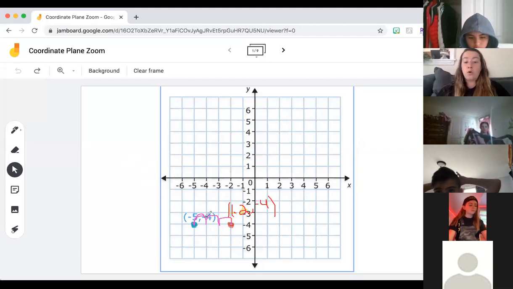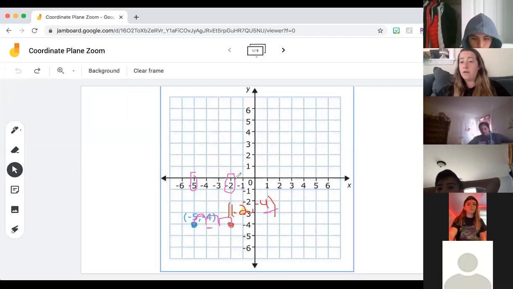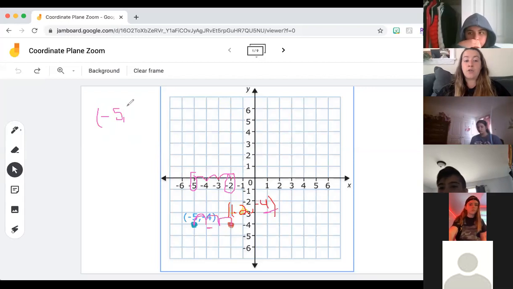If you looked at your coordinates, you had (-5, -4) and (-2, -4). If you saw, the -4s are the same, so you went from a -5 to a -2. And if I just thought about that without plotting them, how far away is -5 from -2 on a number line? Well, it's 1, 2, 3. So that's how I could also look at distance without actually plotting them.